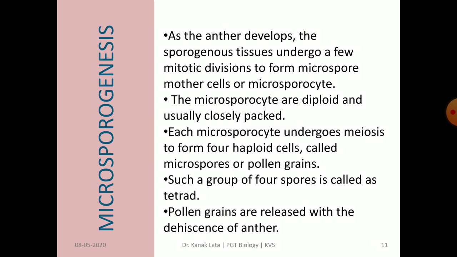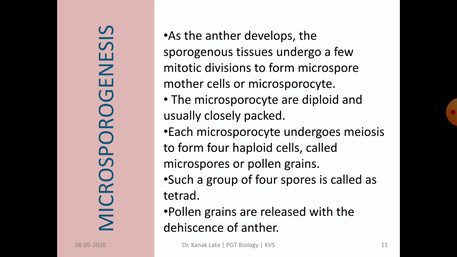Now we will read about microsporogenesis. That is how microspores are formed, that is how pollen grains are formed. When the anther matures, the sporogenous tissue, present in the center of the microsporangium, undergoes a few mitotic divisions to form microspore mother cell, MMC, also called microsporocyte.